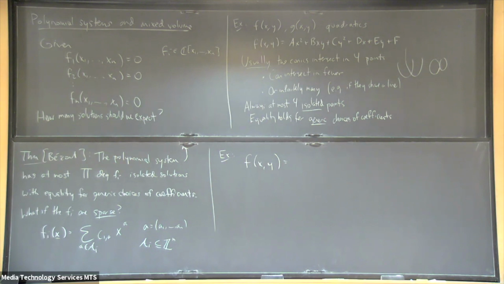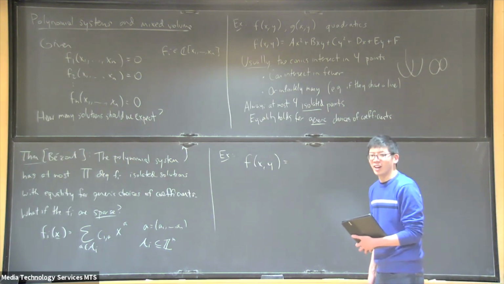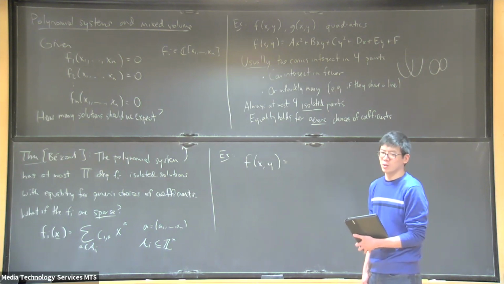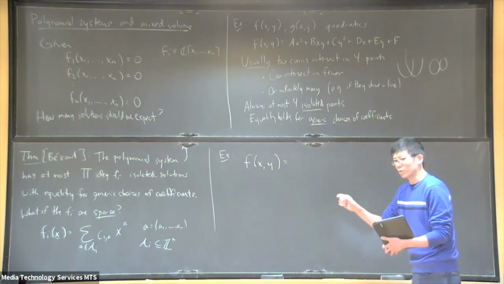In your example, the Newton polytopes are still of large size, of length k and l, so you still get a lot of solutions. Whereas if the Newton polytope is of a different shape, that can have more of an impact on the number of solutions than the actual number of distinct monomials.